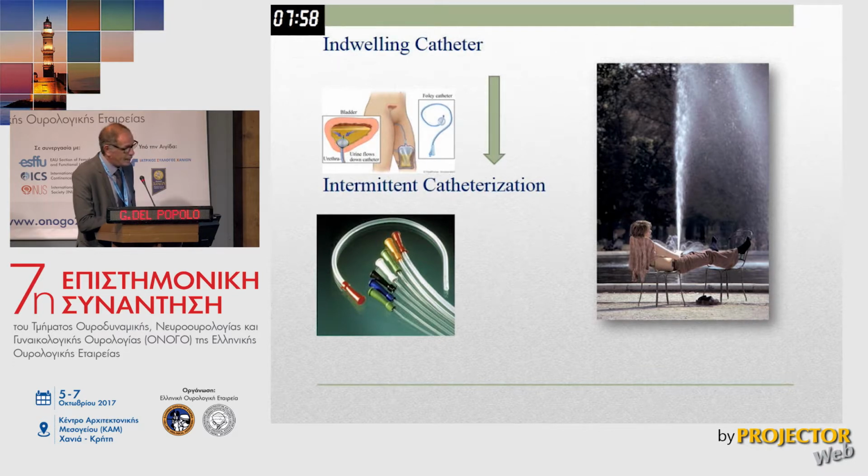And then try to have intermittent catheterization for our patients. The important thing is not just to have intermittent catheterization, but also to have good management of it, avoiding overdistension, because overdistension of the bladder can induce myogenic damage and fibrosis, and so you can lose the detrusor function completely.